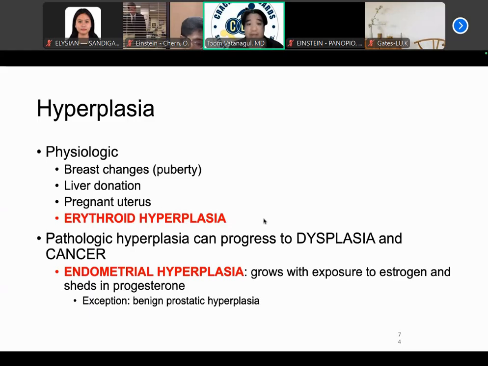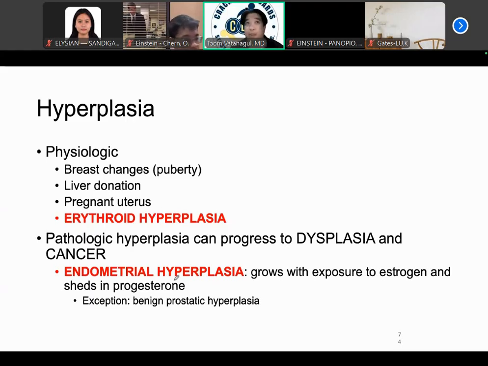Please take note that this is considered pathologic. Now, the exception to the pathologic hyperplasia here would be BPH, or benign prostatic hyperplasia.